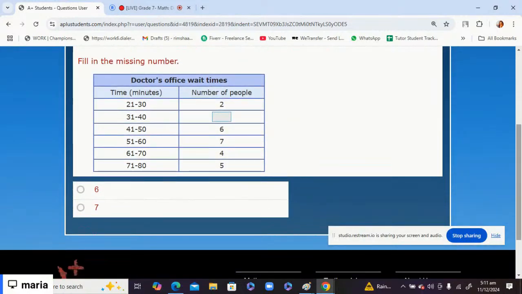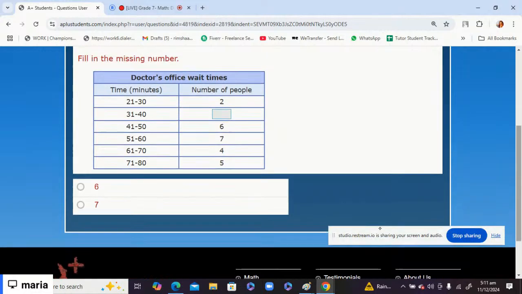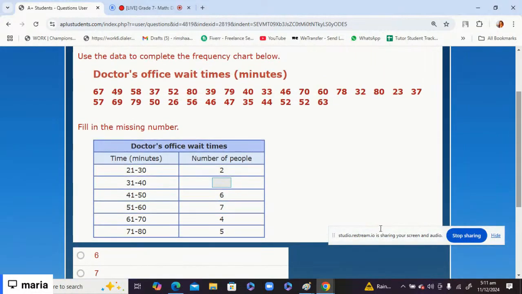Let's check it again, dear. 1, 2, 3, 4, 5. It's 6.